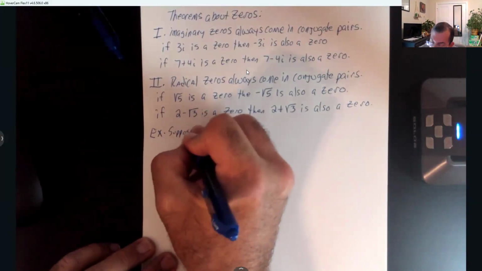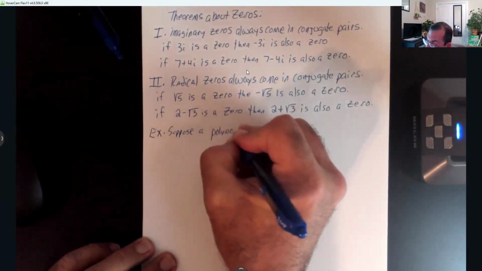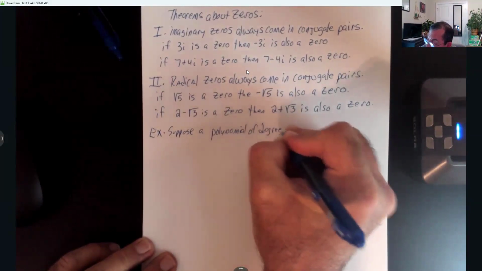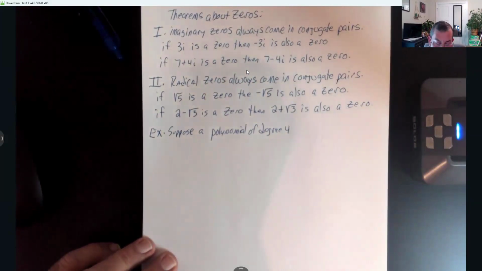Suppose a polynomial of degree 4. So degree 4 means it's got 4 zeros altogether, okay?